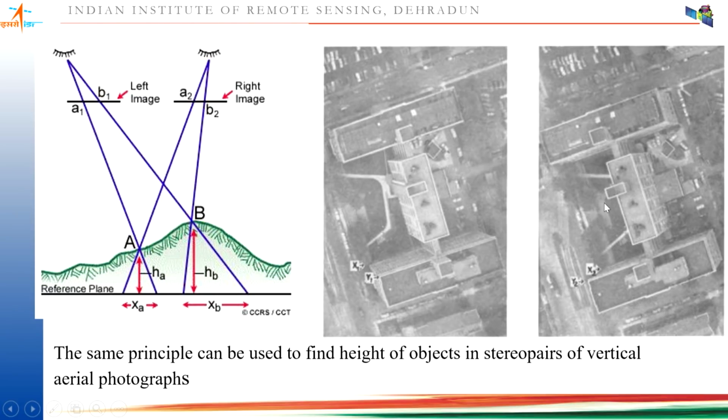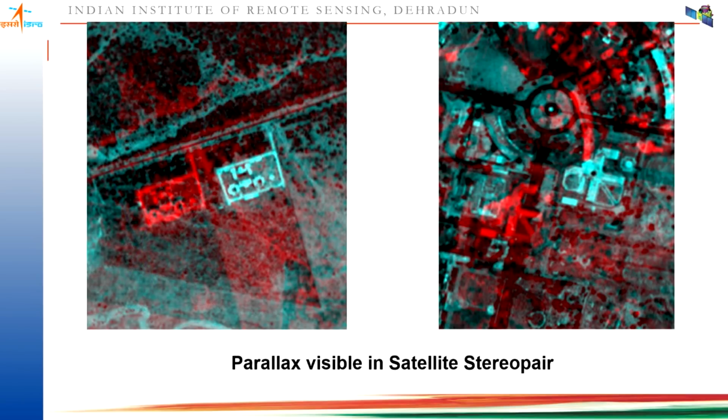This shift in photo coordinates is what is parallax in aerial photographs, and this concept we will be using for calculation of height.